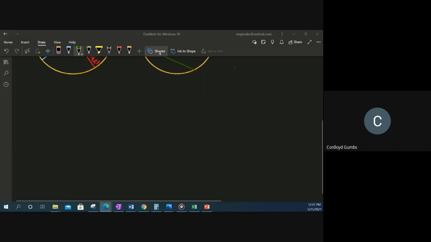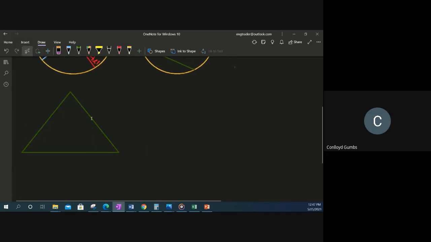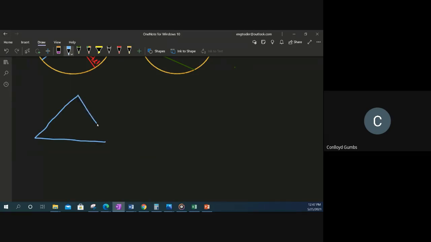Next thing we need to look at now: triangles. So we've got major triangles that we talk about. We have one that has the same sizes and same angles.